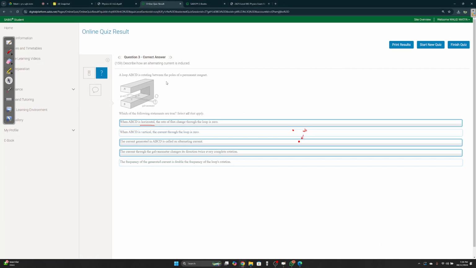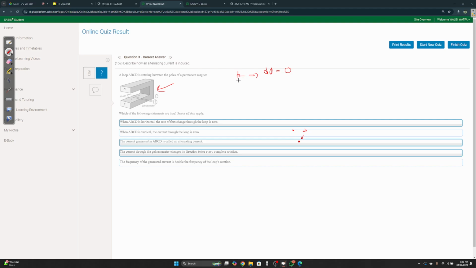When they tell you it's horizontal, it means it's perpendicular, so don't get mixed up. In the horseshoe magnet, when it's perpendicular, it's horizontal. But if it's a different setup, it looks different. When it's perpendicular, dΦ is equal to zero.